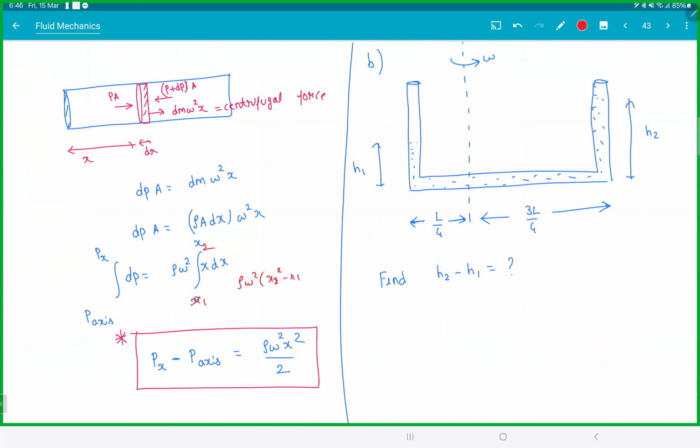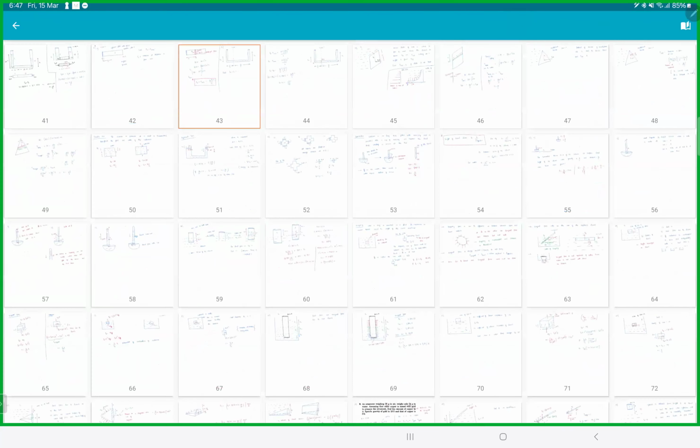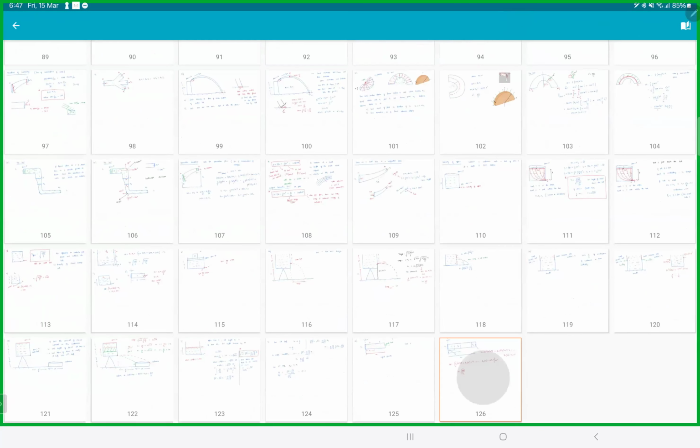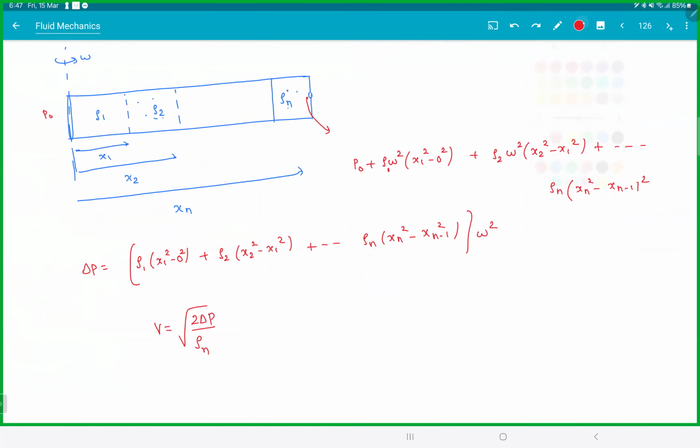That is for one liquid. Next liquid it will be from x2 to x3, and so on. Because this rho is changing for different liquids, the limits will keep changing. So you can refer to page 43. The limits will change in the integration.